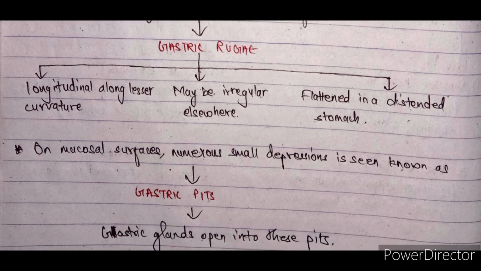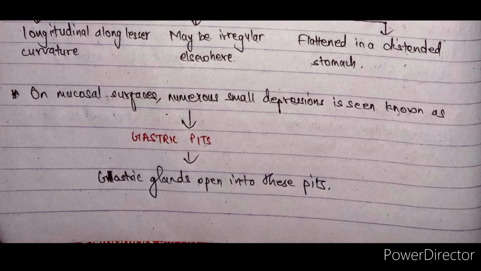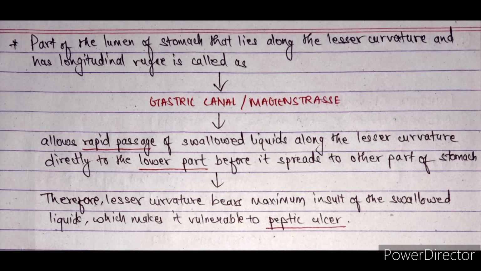On mucosal surface, numerous small depressions are seen, known as gastric pits. Gastric glands open into these pits. Part of the lumen of the stomach that lies along the lesser curvature and has longitudinal rugae is called gastric canal or Magenstrasse. The gastric canal allows rapid passage of swallowed liquids along the lesser curvature directly to the lower part before it spreads to other parts of the stomach.